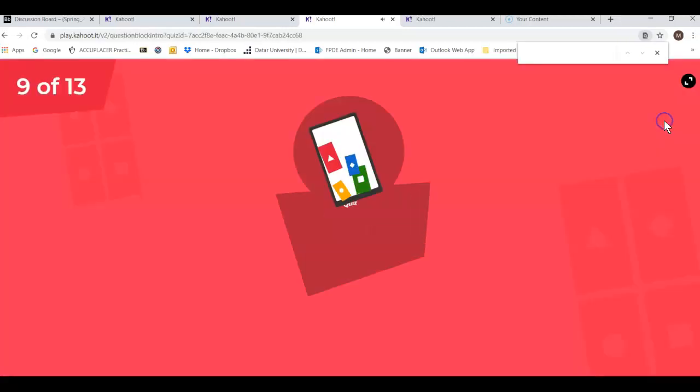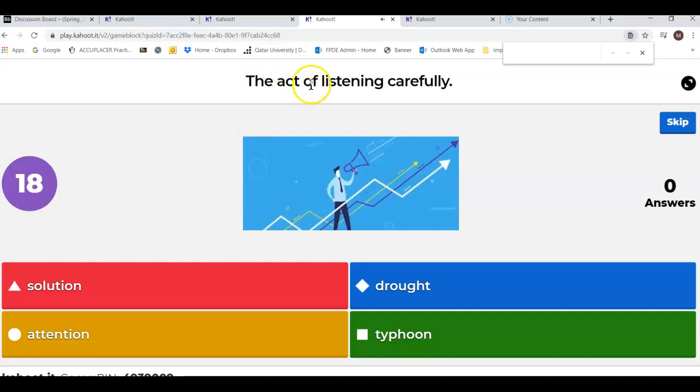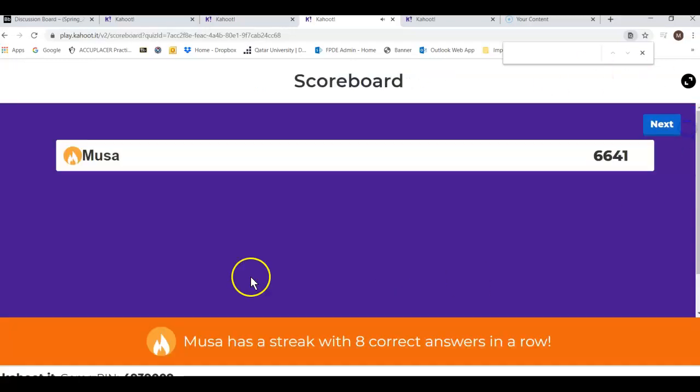Next one. Question 9. The act of listening carefully. When you listen carefully, is it solution? Is it drought? Is it attention? Or is it typhoon? It is attention, intibah.